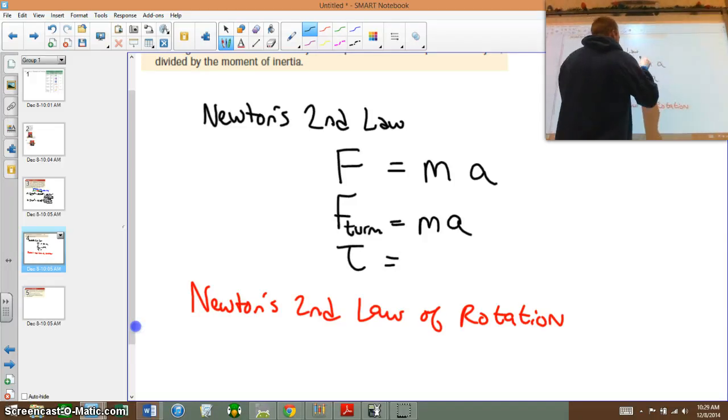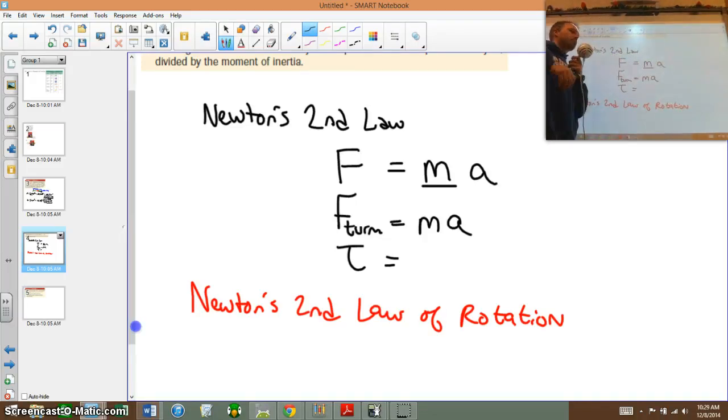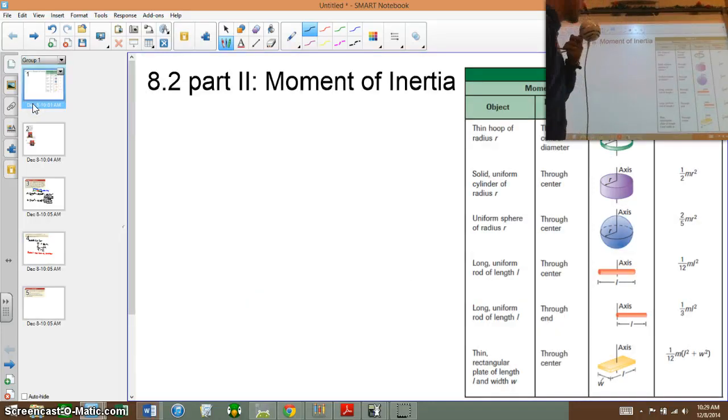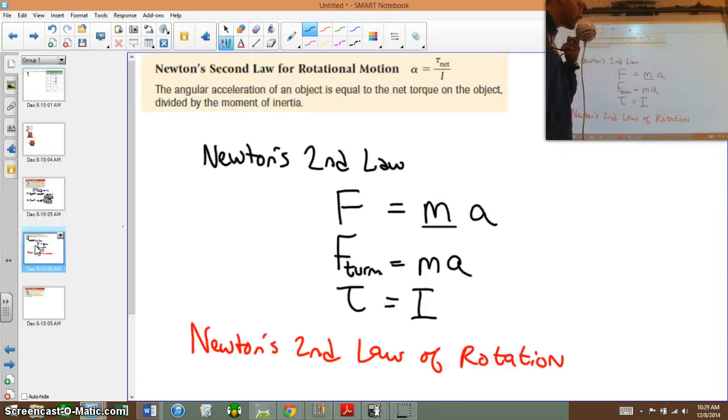Now, when you push on something in a straight line, it only depends on its mass. When you turn something, it depends on its mass and its shape, because its shape dictates where the mass is located. So what we do is we call it the moment of inertia. Instead of just the mass, you have to use the moment of inertia, because it's not only dependent upon the mass, it's dependent upon where the mass is located.